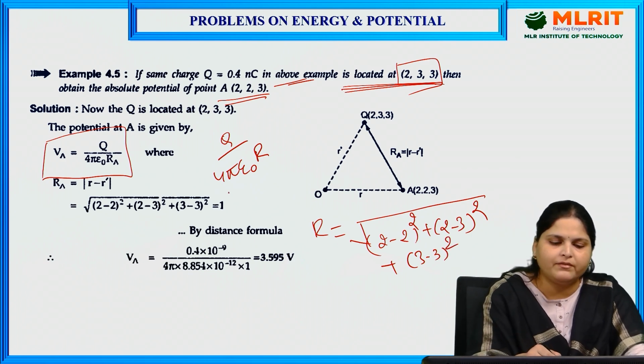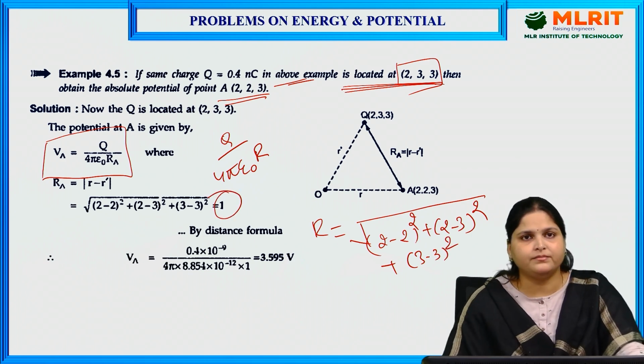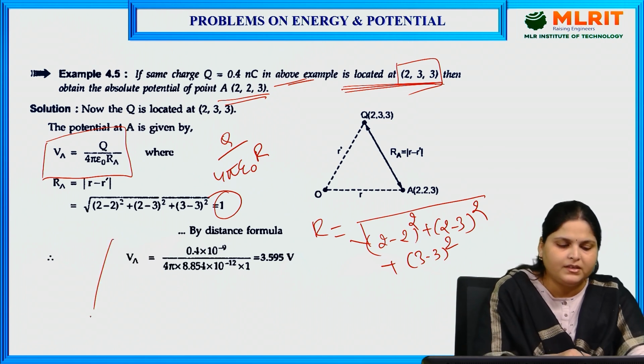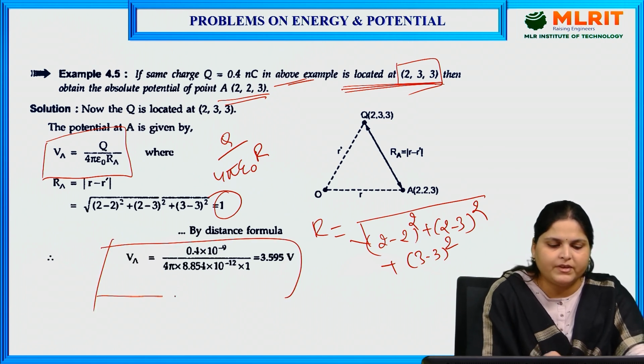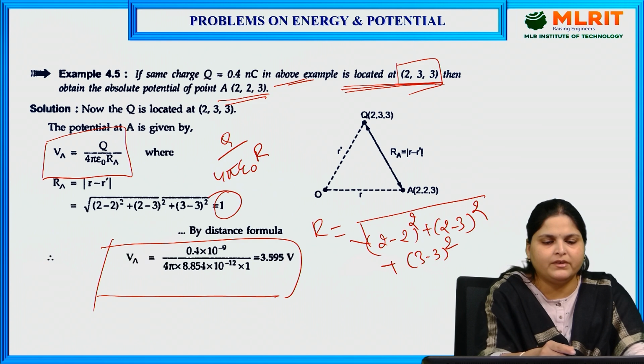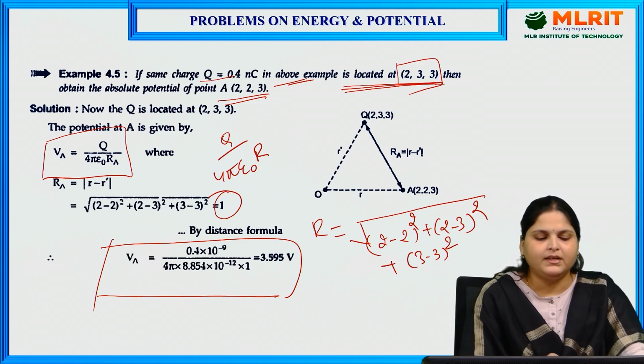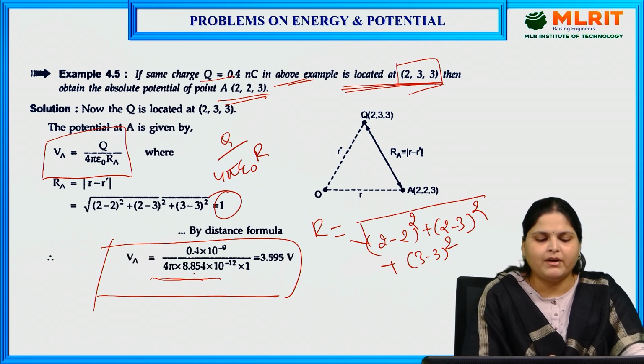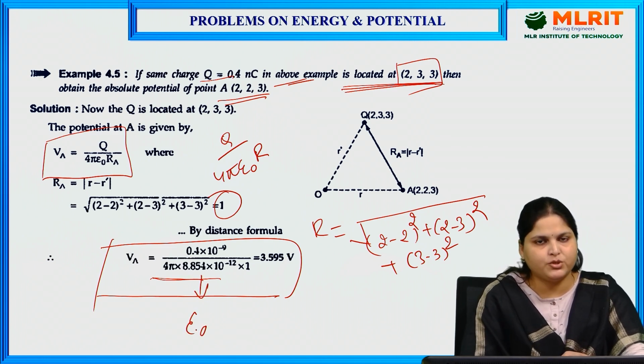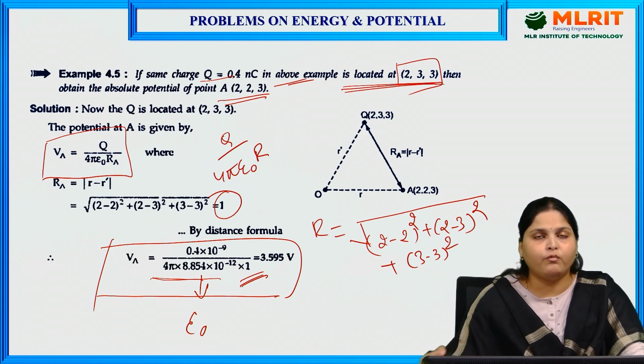On solving, we get 1. And then for VA, again we have to put the value of Q into this formula: 0.4 into 10 to the power minus 9 divided by 4 pi. The value of epsilon naught is 8.854 into 10 to the power minus 12 and R is 1 here.